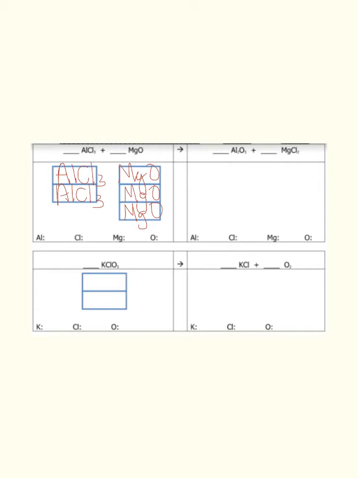Go ahead and do your inventory on this side. We have 2, 6, 3, and 3. I know I need at least 1 box of everything, so I'm going to go ahead and get that started.